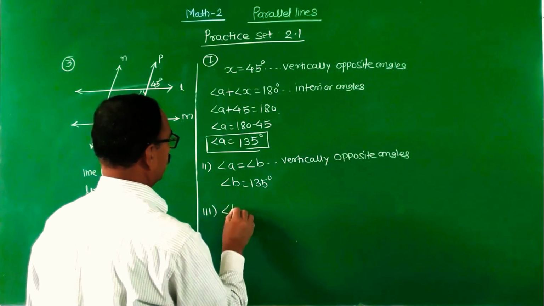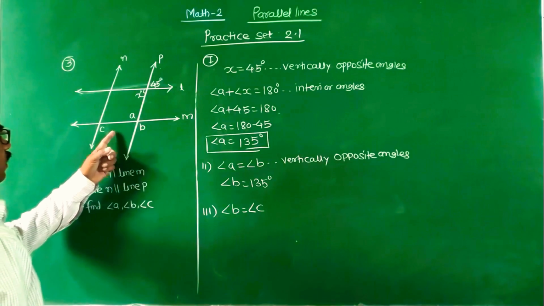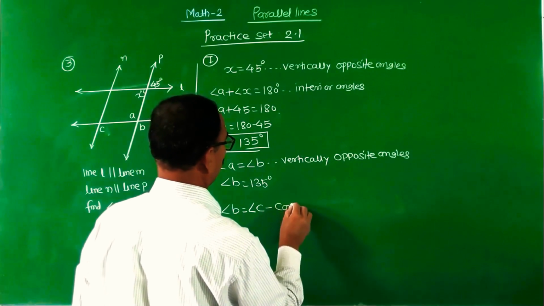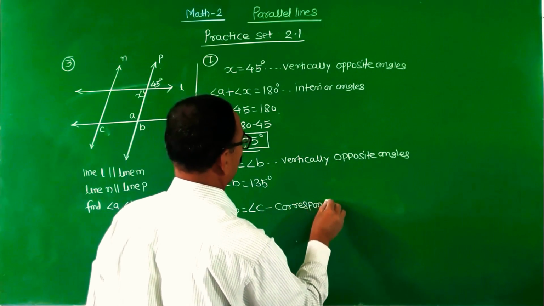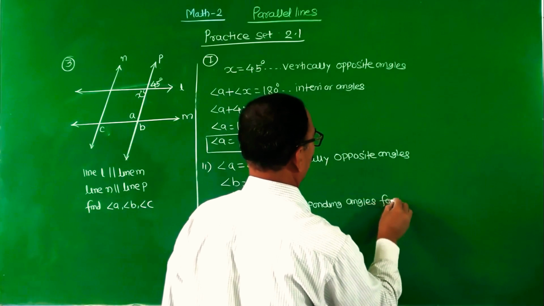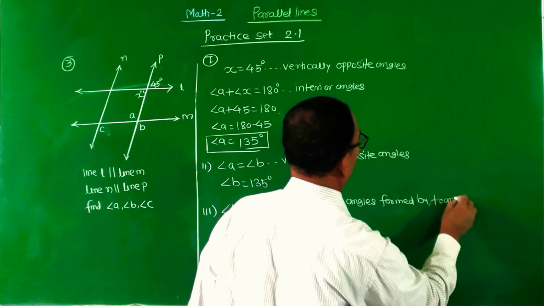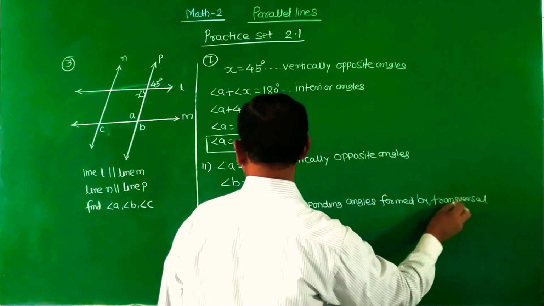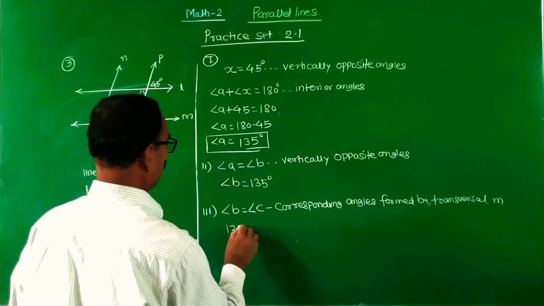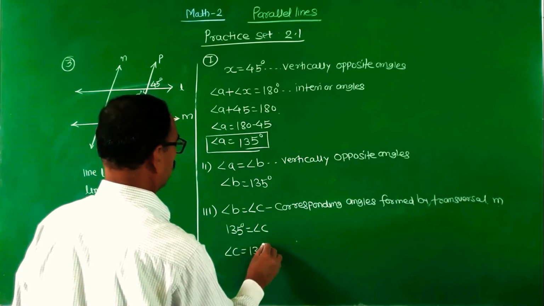Angle B is equal to angle C because these are corresponding angles formed by transversal M. So angle B is 135 degrees, which is equal to angle C, and so angle C will also be 135 degrees.